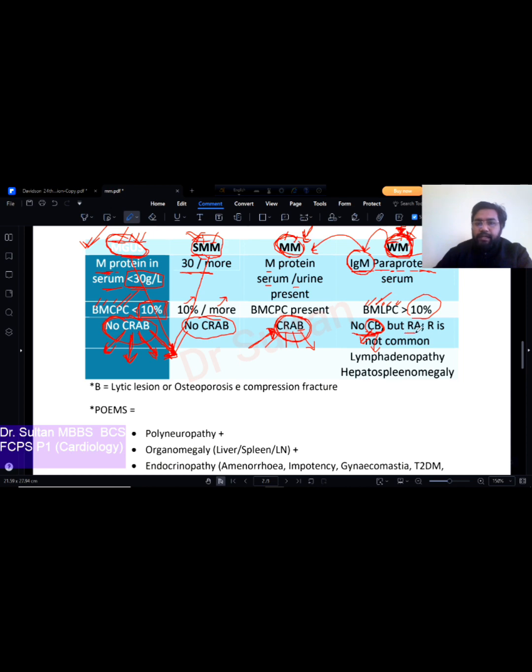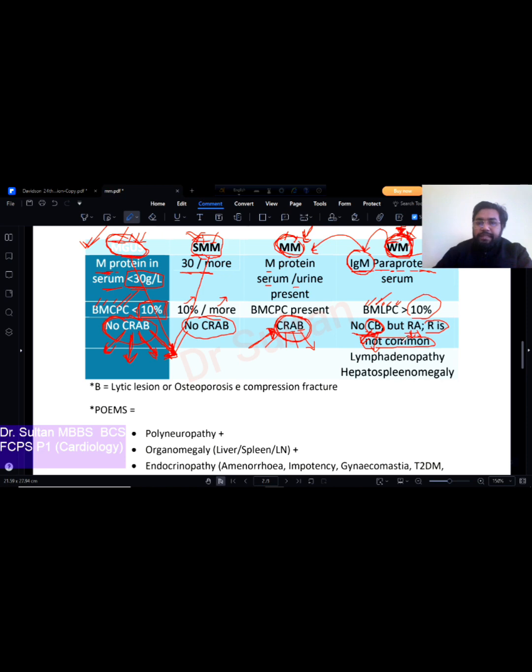But RA, you remember RA? R means renal impairment, A means anemia. Anemia can be present in Waldenstrom macroglobulinemia. Renal impairment can be present also, but it is not very common in Waldenstrom macroglobulinemia.